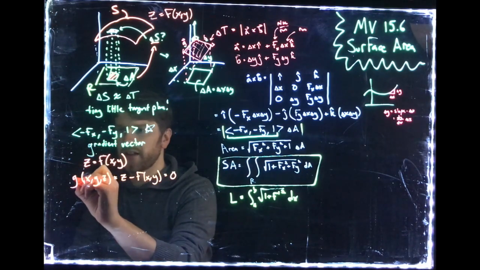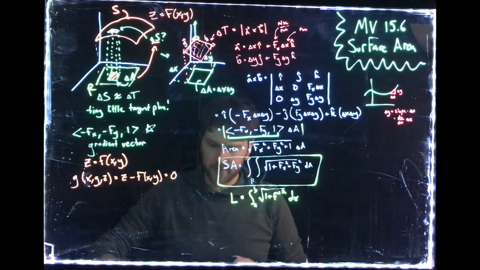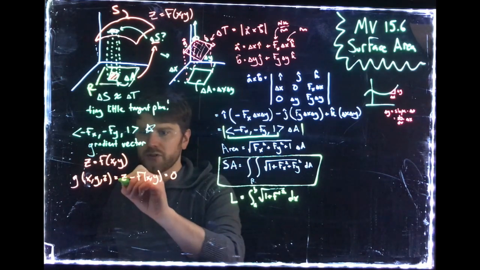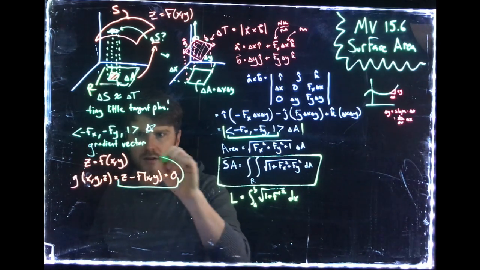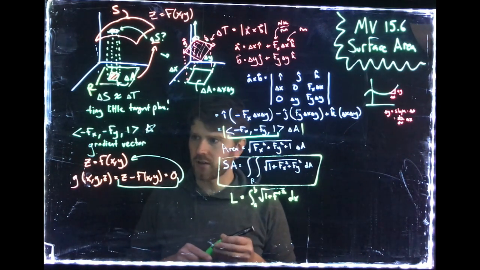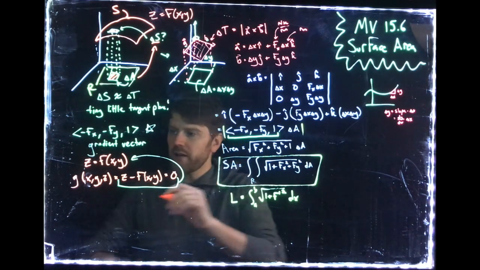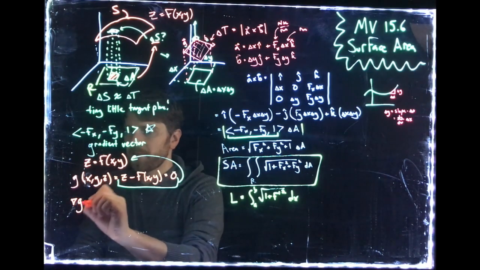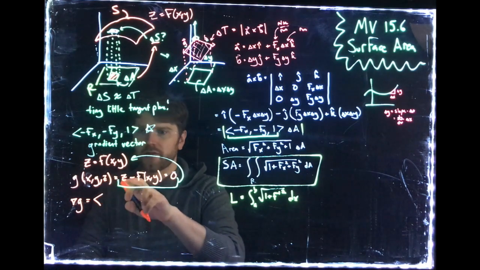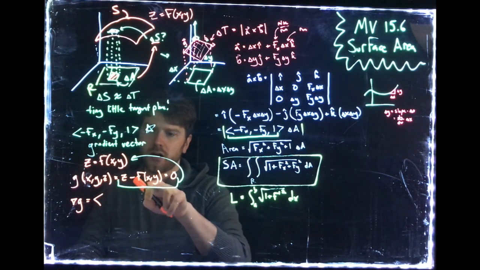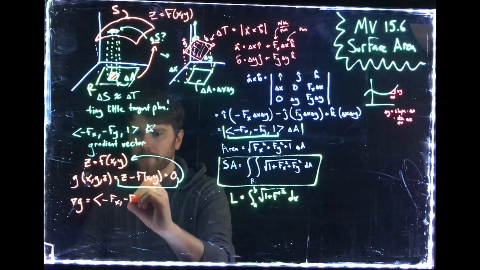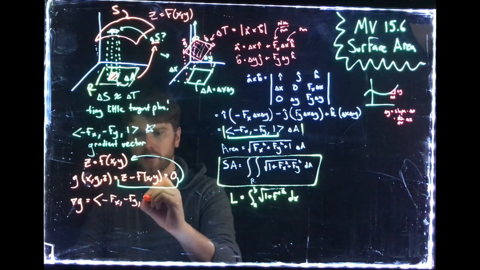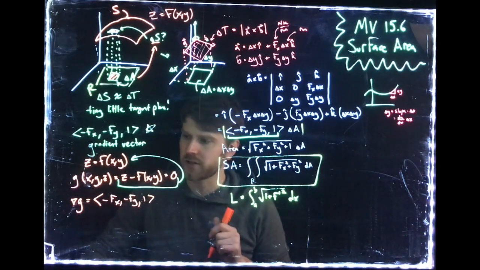And I want the specific level surface of that function where z minus f of x, y equals 0. And hopefully you can kind of see that this and this are the same. I just subtracted f of x, y away. Well, if I look at the gradient of g, I end up with, well, taking my x derivative, z doesn't depend on x. So I get negative fx, z doesn't depend on y, so negative fy, and 1, because the derivative of z with respect to z is 1.